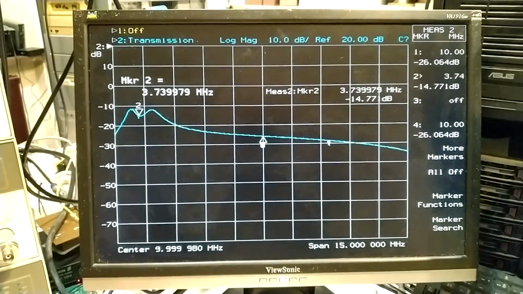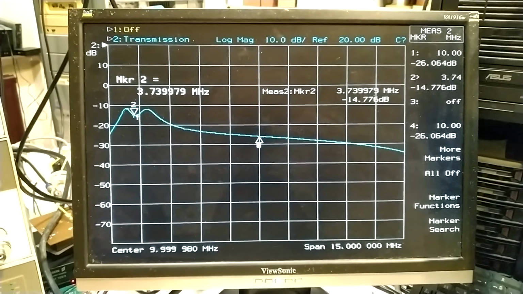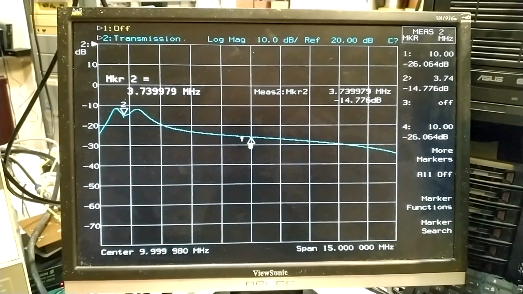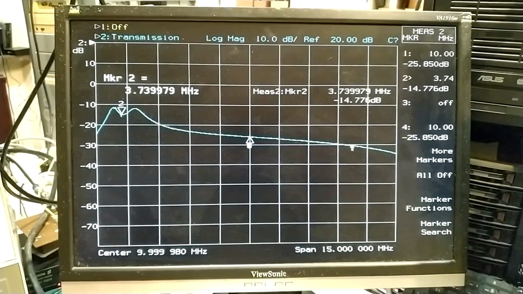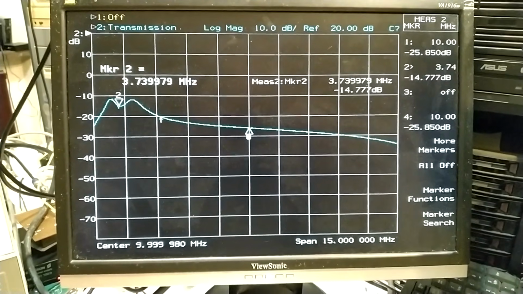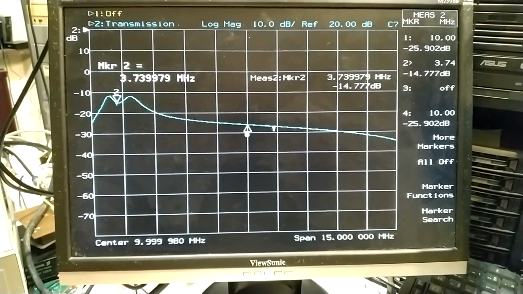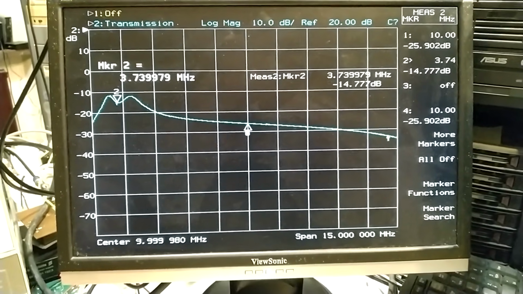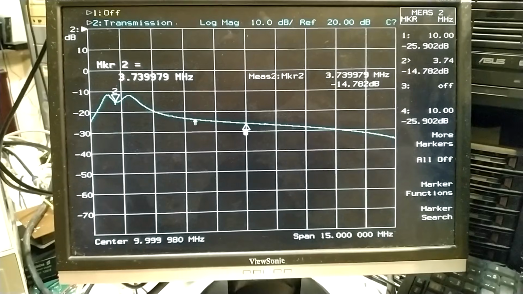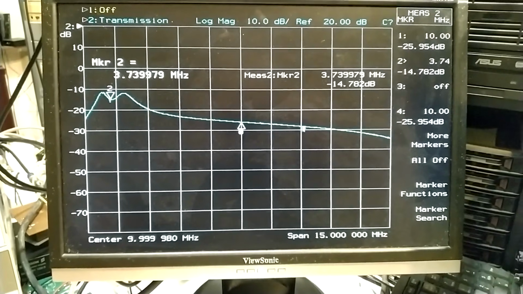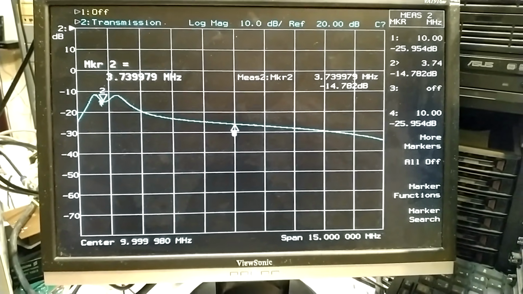I added a series link, 33 pF, 47 microhenry and 360 ohms, parallel to the input of the amplifier. That means parallel to the 3 turns of the transformer, which has 9 turns in total.